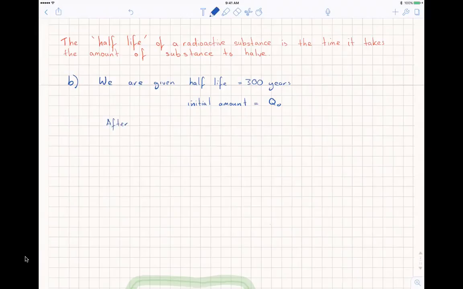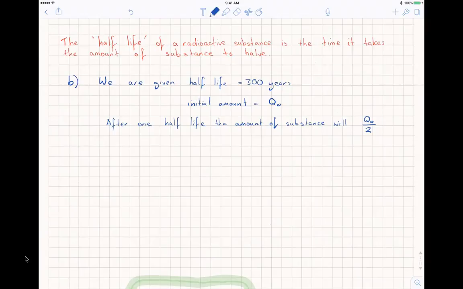After one half-life, the amount of substance will be half of Q0, half of the initial amount.